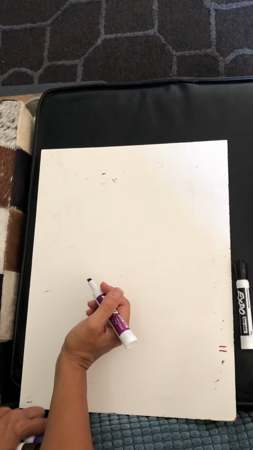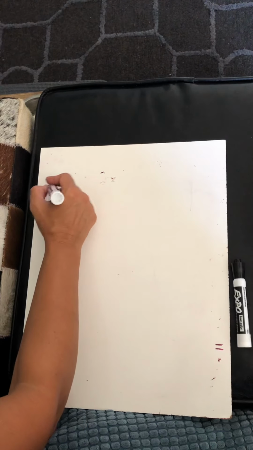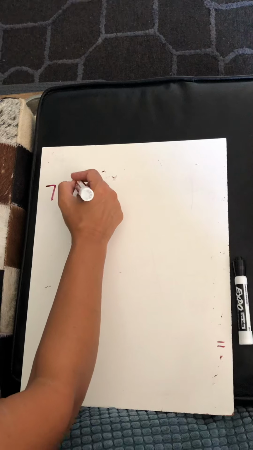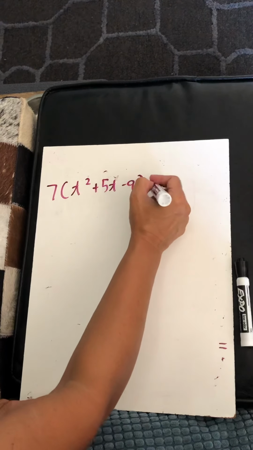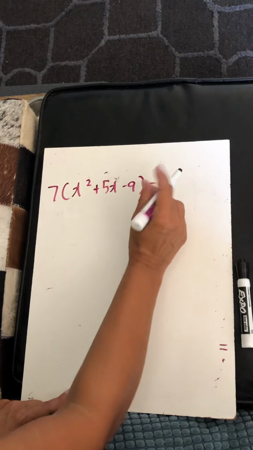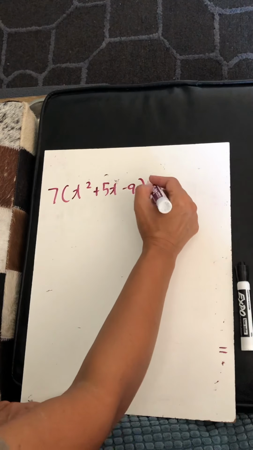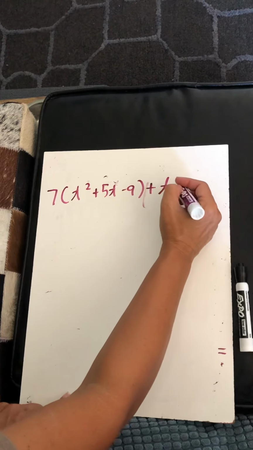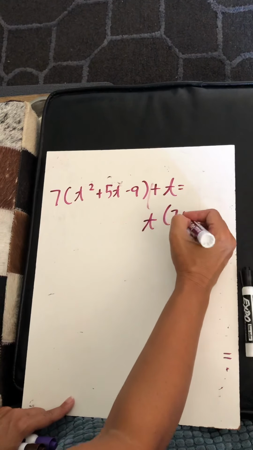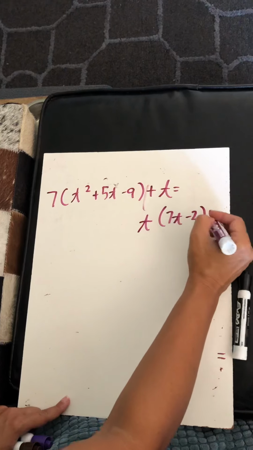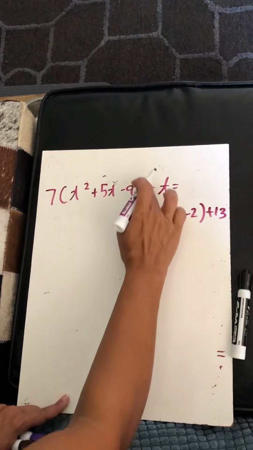So go ahead and write down 7 times t squared plus 5t minus 9, and there's also a plus t, set equal to t times 7t minus 2 plus 13. Okay, so go ahead and distribute on the left side.